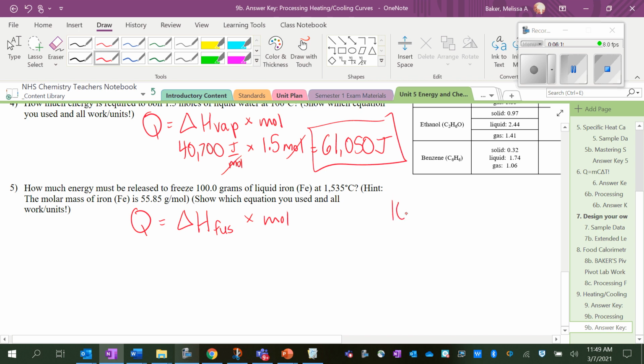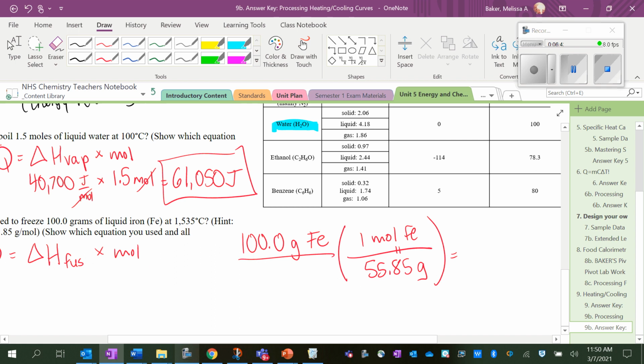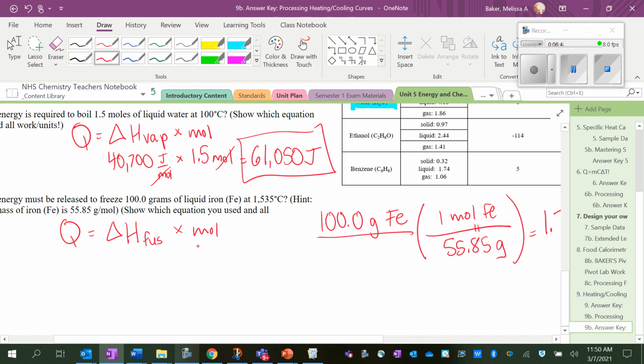So we've got 100 grams of iron, and we're going to need to know how many moles this is. So 1 mole of iron is equal to 55.85 grams. That's the molar mass from the periodic table. So 100 divided by 55.85, that is about 1.79 moles of iron.